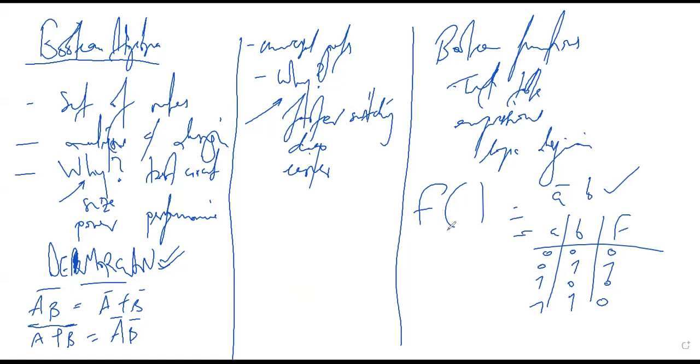A function f can either be represented by an expression, a truth table, or by a logic diagram. A logic diagram with A bar and B. So here we have A bar, B. 3 ways which you can represent a Boolean function f.